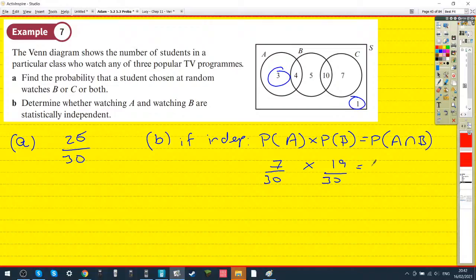Which is 133 over 900. And using the diagram, what is this one?